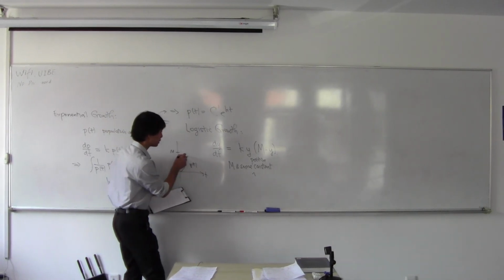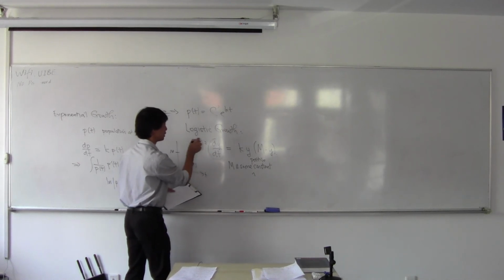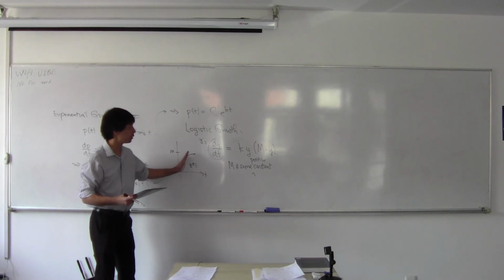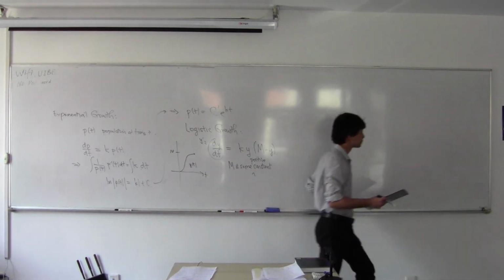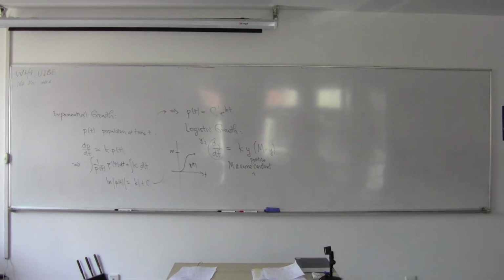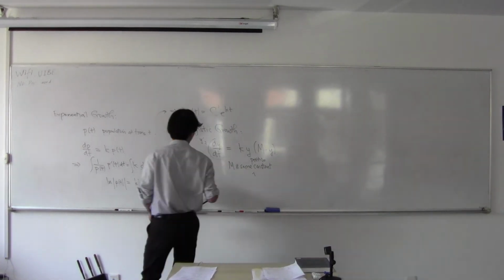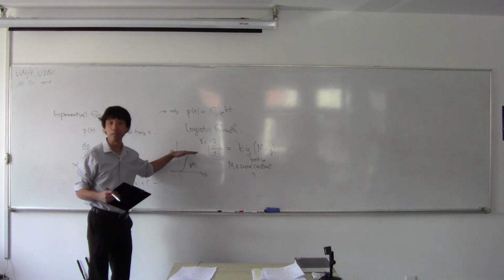The slope of y, at the beginning, is increasing, and it starts to grow pretty fast. But then as you get up here, the slope starts decreasing, right?